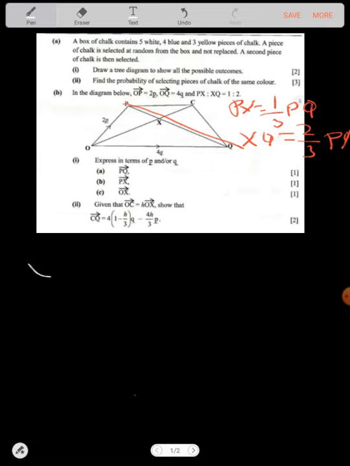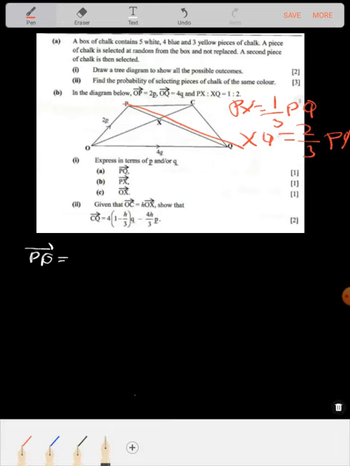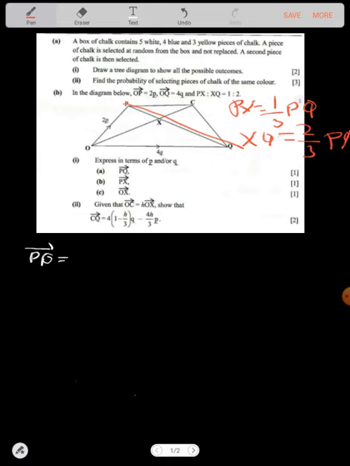Now they are saying find PQ. PQ means how can you move from P to reach Q apart from moving PQ like that.